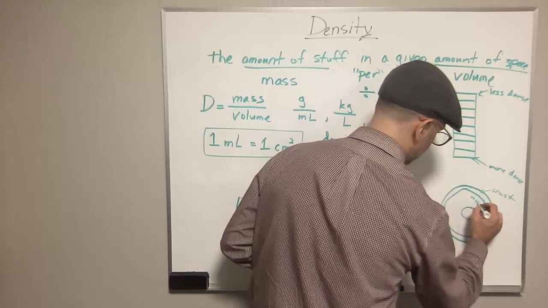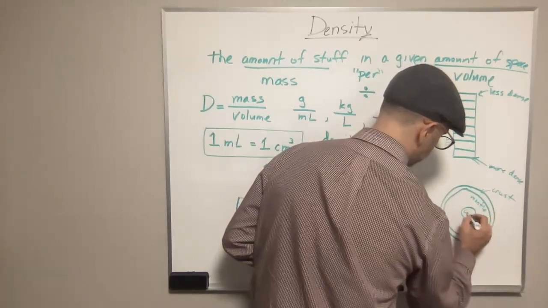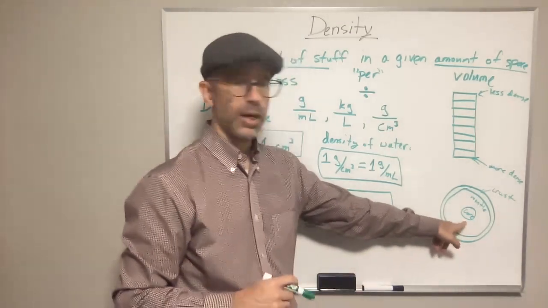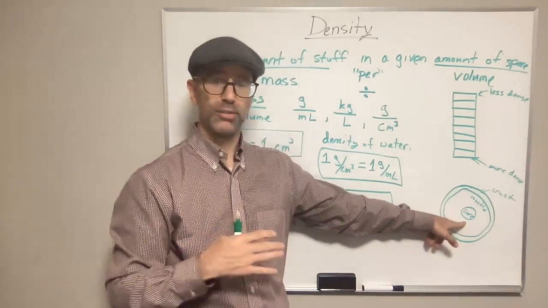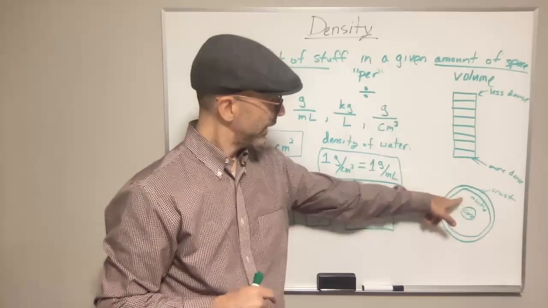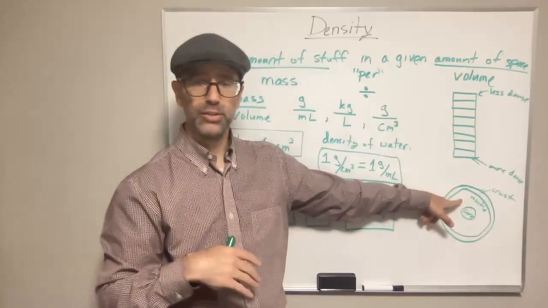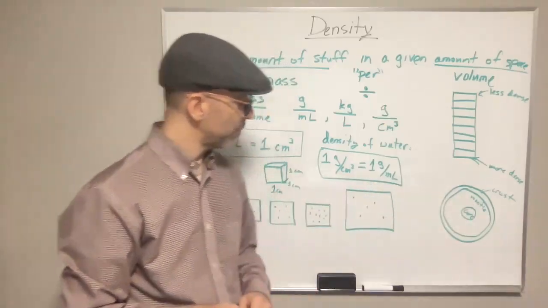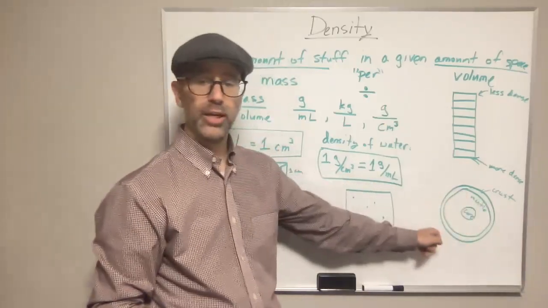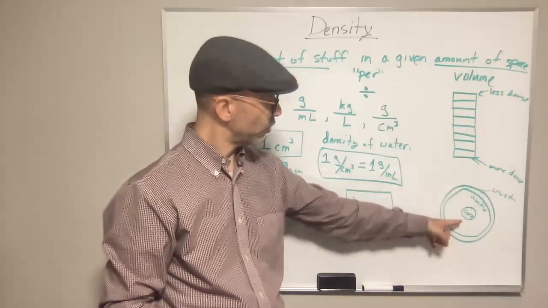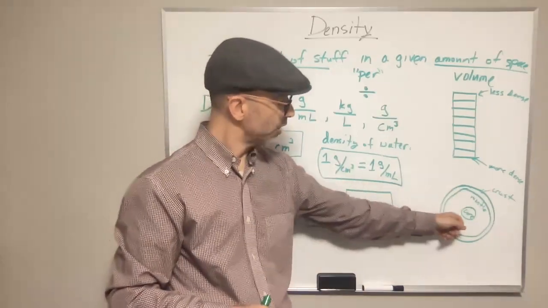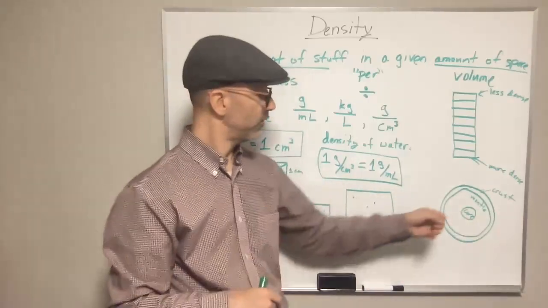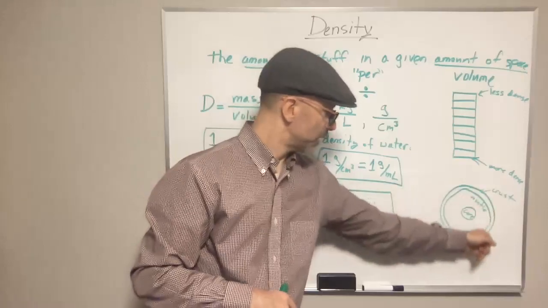Now, the core can be broken up into 2 different parts: the inner core and the outer core. The mantle can also be divided into 2 parts: the upper mantle and the lower mantle. But these are the 3 main parts. And again, they're arranged by density. The closer you are to the center of the earth, the more dense you are. So the core is going to be the most dense, and the crust is going to be the less dense.